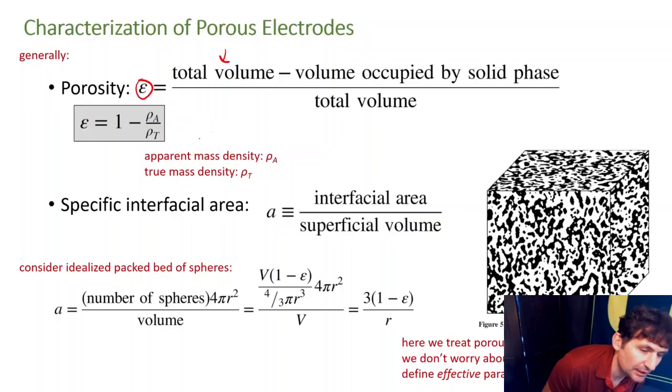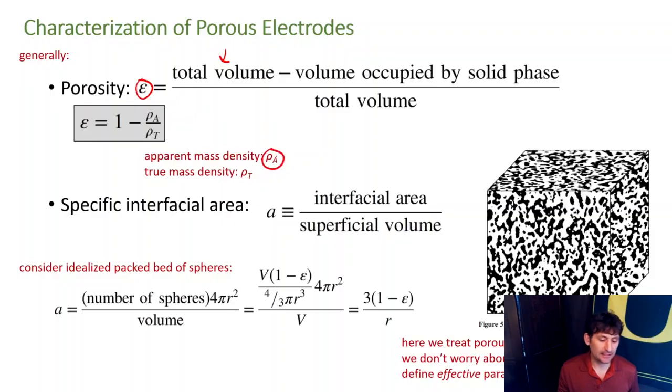Another way to define porosity is by the ratio of the mass density. So if you measure the density of an electrode and say you find it's 1 gram per cubic centimeter, but you know that the true mass density of a pure solid, you look it up in the CRC handbook, is say 5 grams per cubic centimeter, you know that the porosity of that electrode is 1 minus 1 over 5 equals 80%, okay, 0.8.